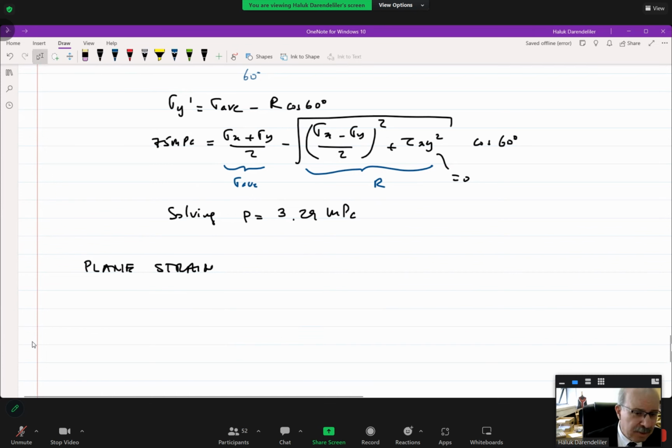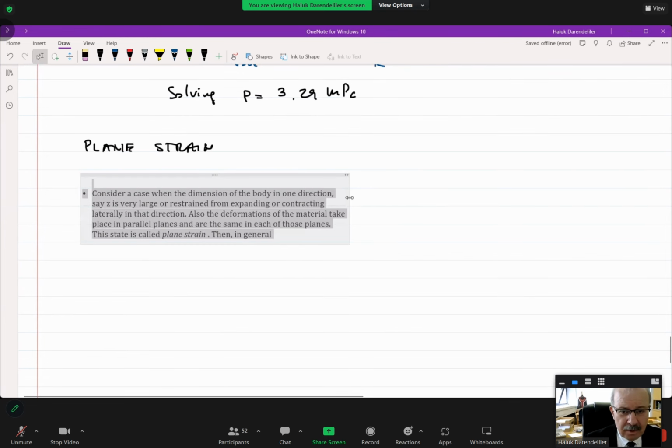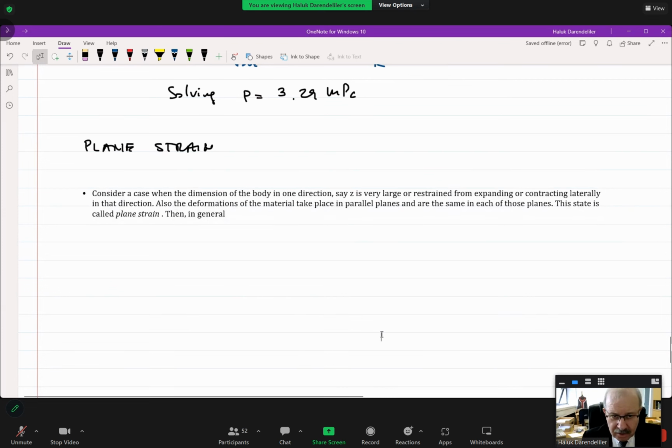Now, when we say plane strain, this time, look. Let me first copy this here. Now, in plane strain, consider a case. Look, plane strain is different from plane stress.